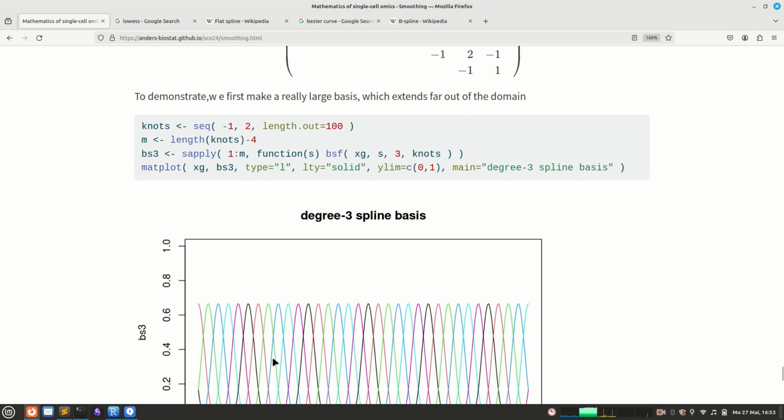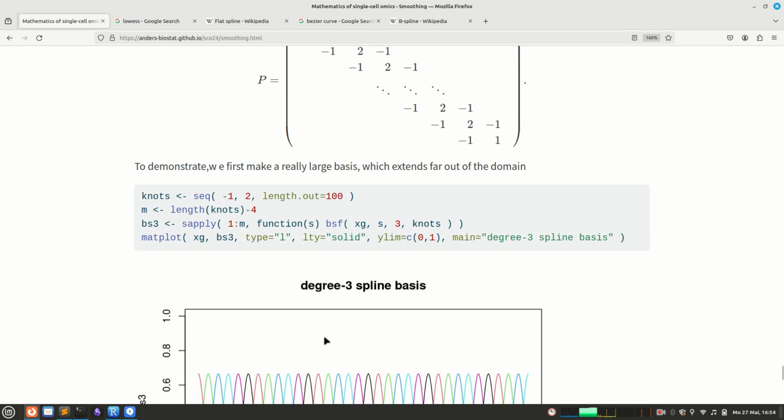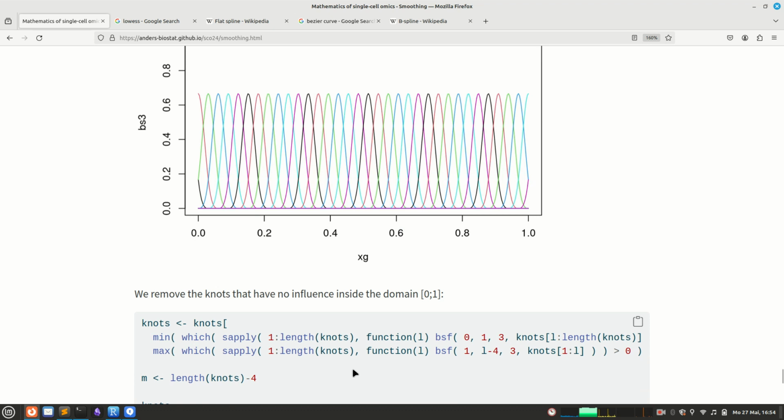And I tried this out. I made a basis with really very many spline functions. I don't care if it's too many, because now I know that if I have too many basis functions, the penalty will just keep them all at the same level.